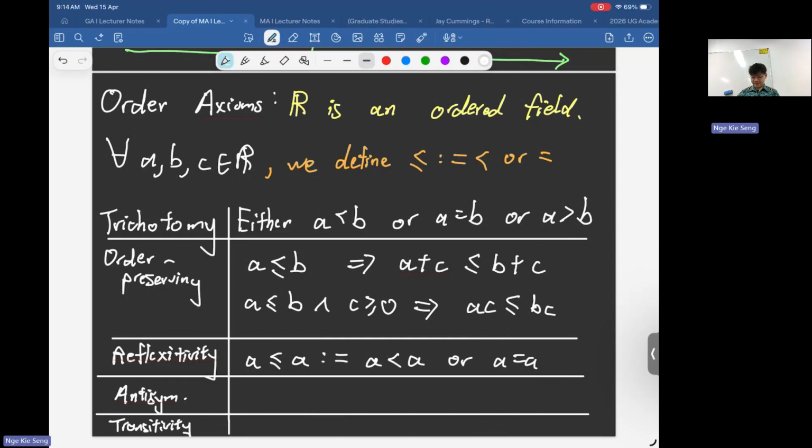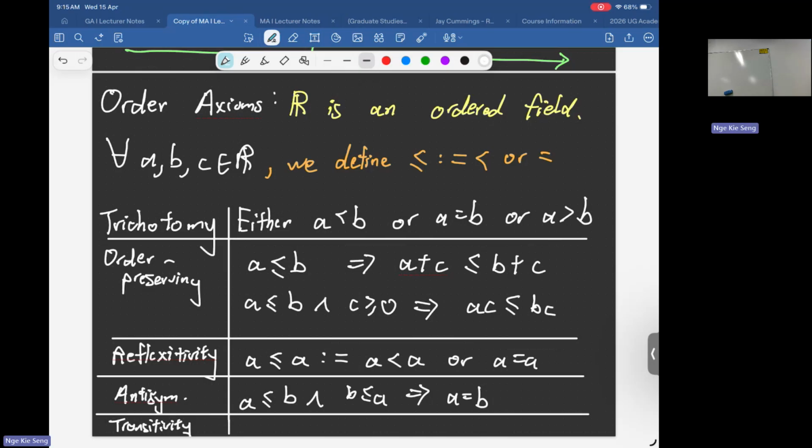But anti-symmetry: if A less than or equal to B and B less than or equal to A, this implies that these two things have to be the same. So anti-symmetry is if you swap position and both are true, then it is the same thing.